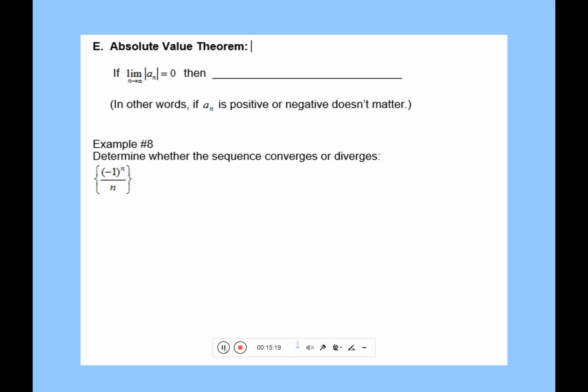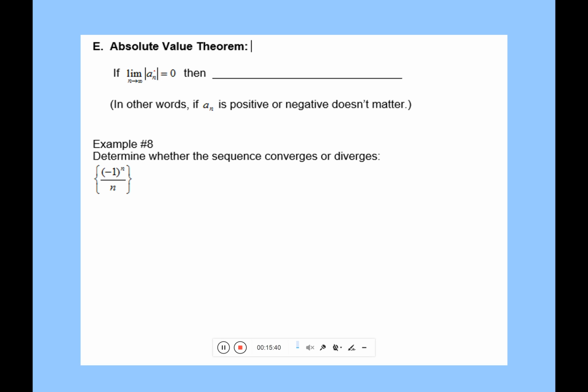Okay, so there's something else to consider. It's called the absolute value theorem. You don't need to think of it as a theorem, but the idea is, what if you're taking the limit of some term that's positive versus some term that's negative? Well, if you know that the limit equals 0, the absolute value would mean taking the limit of a positive term.